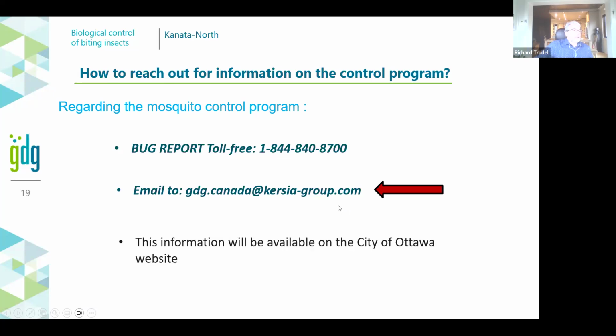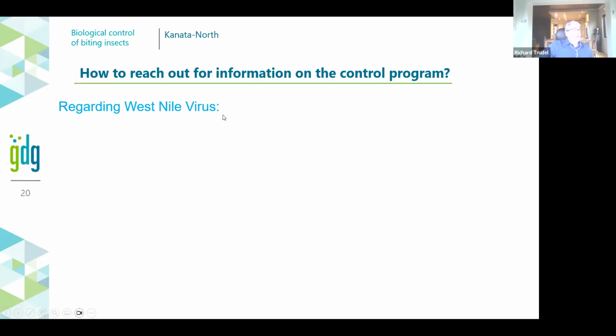Like I said, this information will be available on the City of Ottawa website. Now regarding the West Nile virus, since this program is not mainly targeting the mosquito that transmits the West Nile virus, it's not really regarding us. So you have to call the City of Ottawa if you have questions about the West Nile virus.